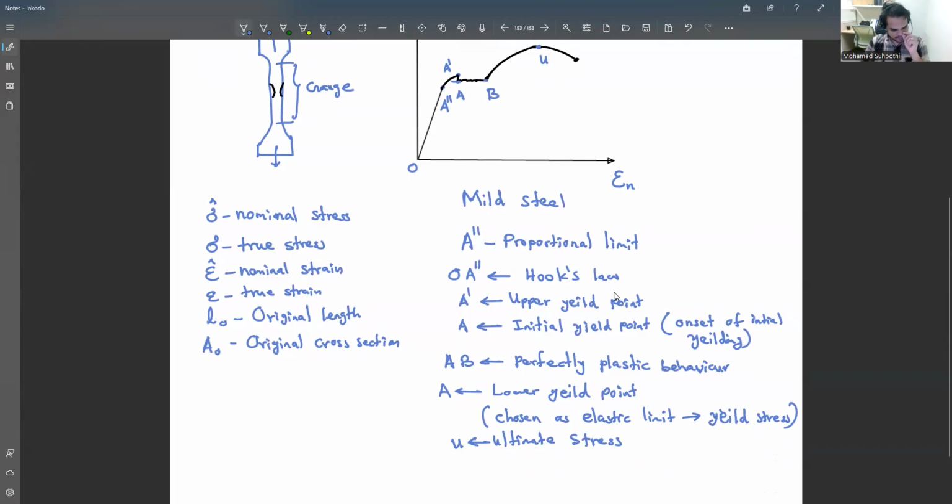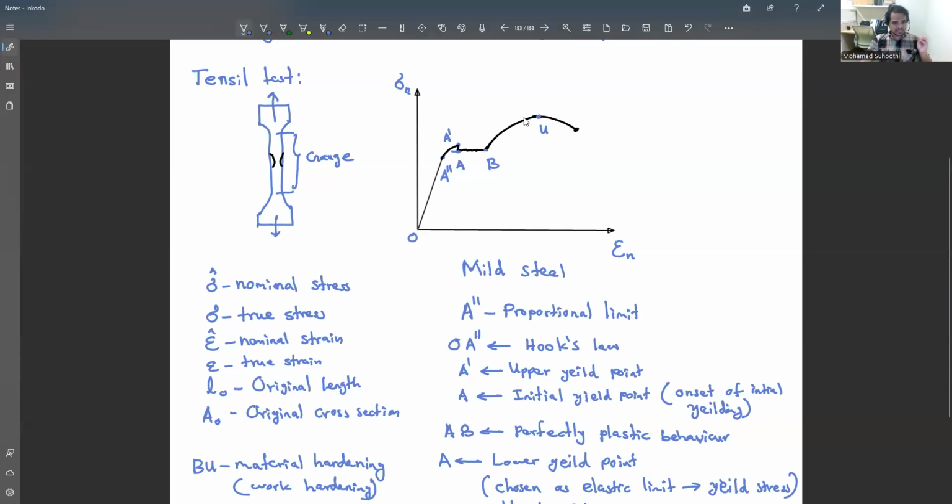Okay. Then there are some names. The region ABU. Before that, let me mark BU. I'll put here the BU we define as material hardening. The region we are calling material hardening, or sometimes work hardening.